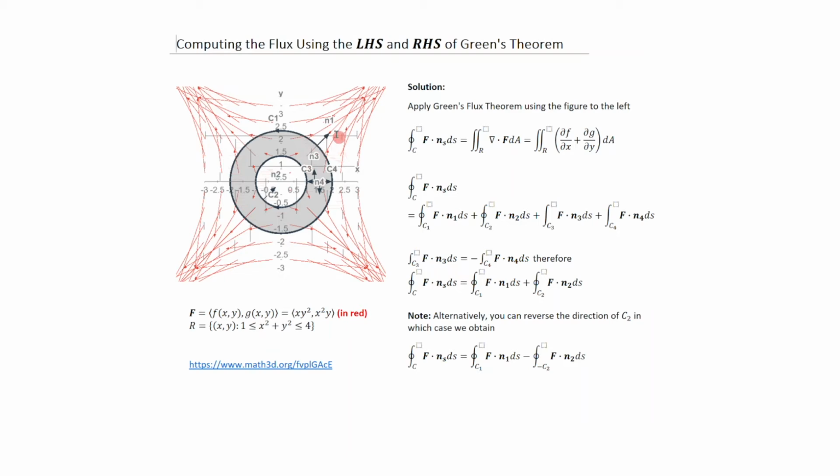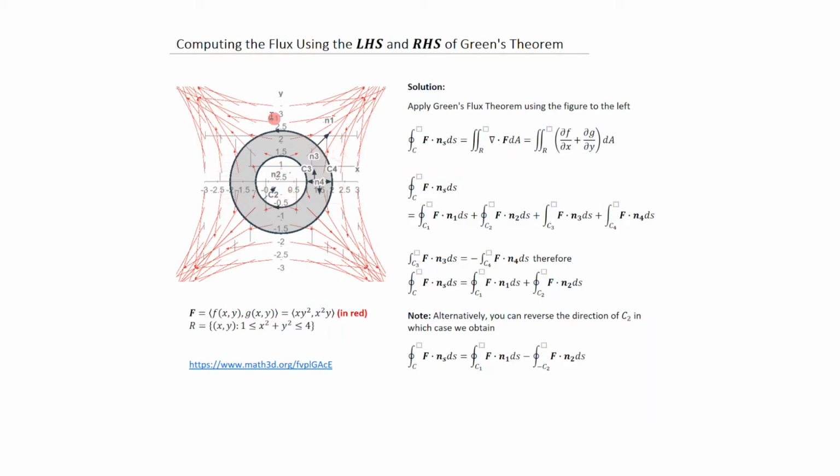So N1 is pointing outwards on this outer circle. Moving in this direction, it'd be pointing in this direction to your right. Going in this direction, it's pointing to your right, which is in this direction. And finally, the 4th segment is pointing to your right, which is this one. So you have 4 individual segments, and the direction vectors normal to the contours are provided.